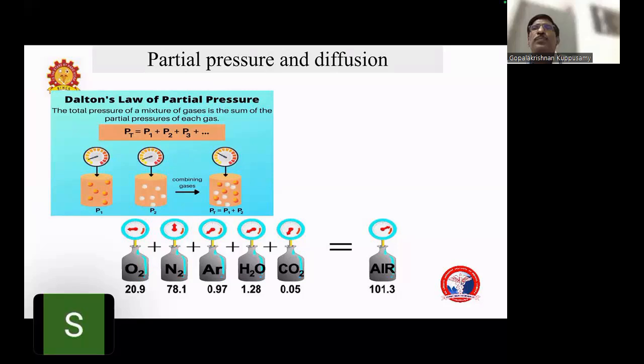If you take air, oxygen 20.9, nitrogen 78.1, and carbon dioxide and others about 1.05, and altogether they constitute air. So air is a mixture of multiple gases, and the total is equal to the sum of all individual gas partial pressures.